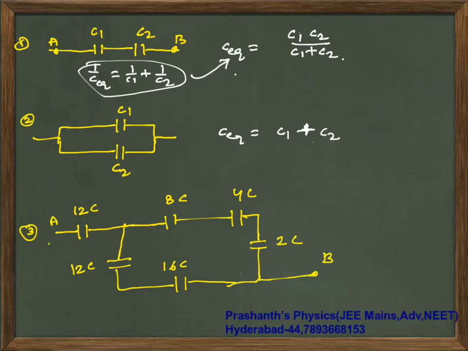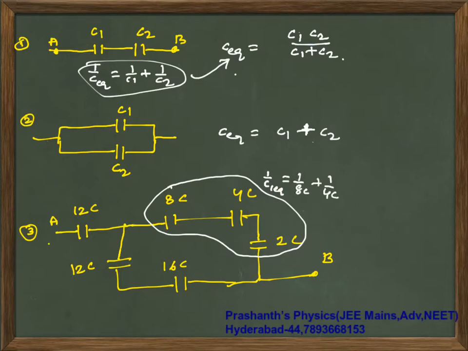If you are asked the equivalent capacitance, similar to how you have done for resistors, all these three are in parallel. Many people will forget to do the reciprocal. So your C1 equivalent is 1 by 8C plus 1 by 4C plus 1 by 2C, like this.